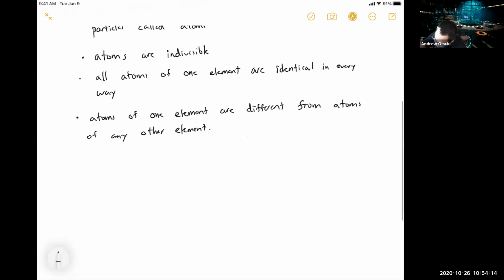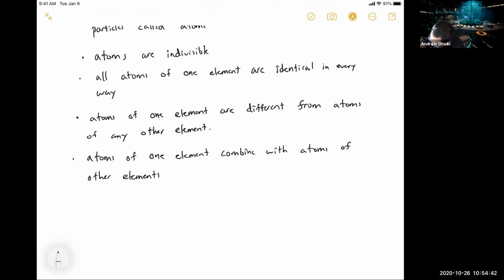And then we say that atoms of one element can combine with atoms of other elements to form chemical compounds.